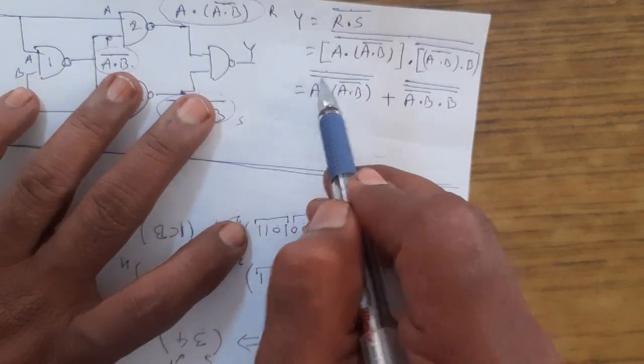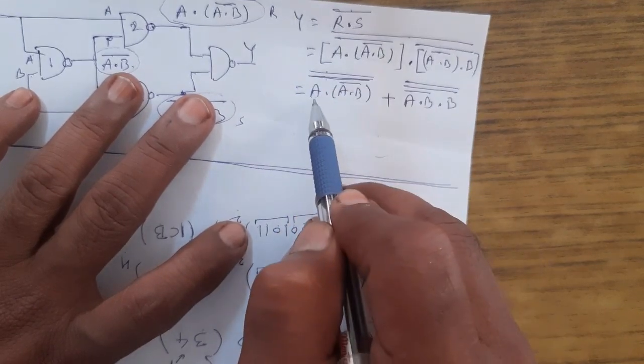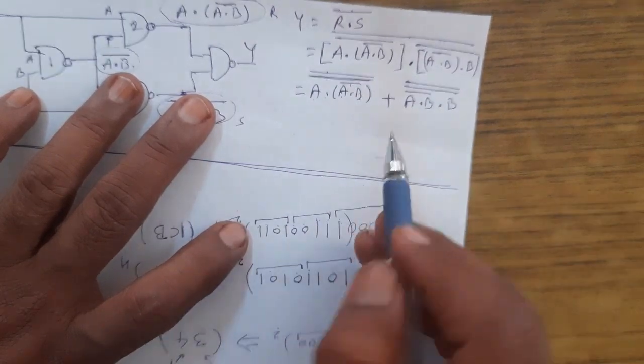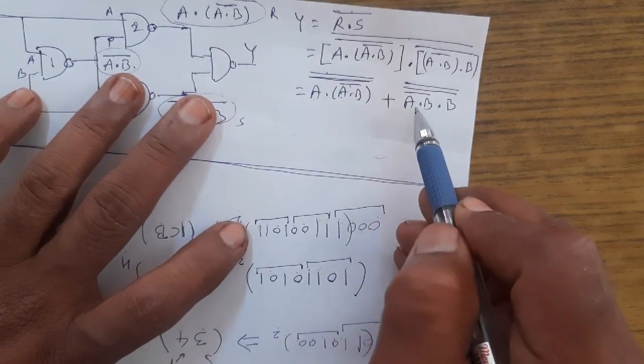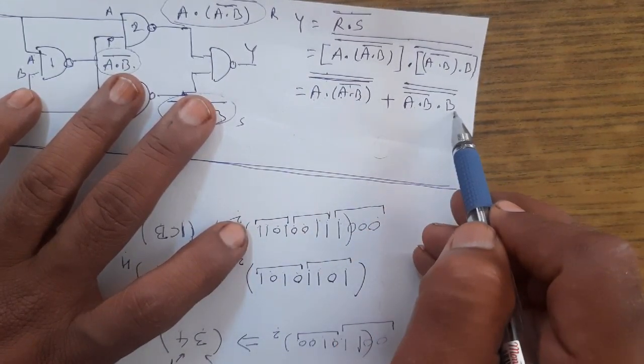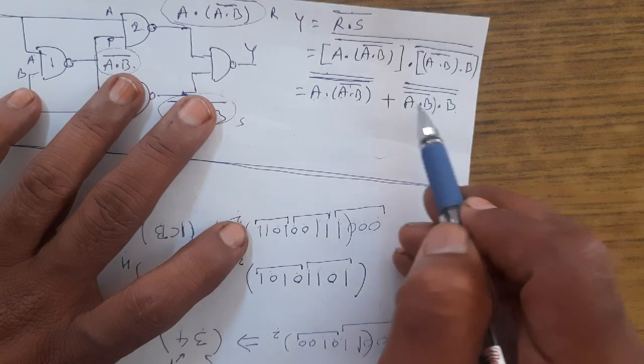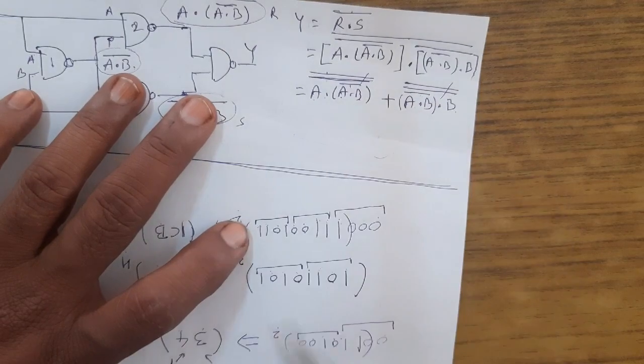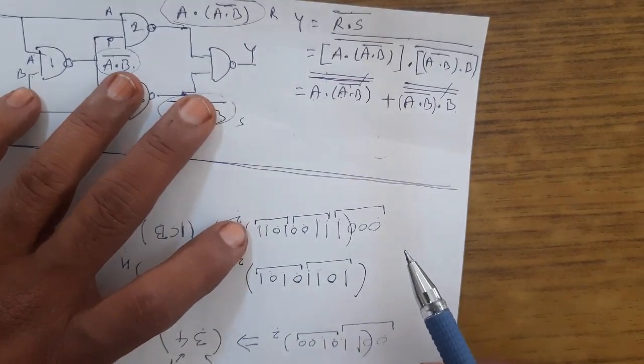Now complement of complement, two bars are there over A dot B bar, therefore those bars get cancelled. Here also A dot B bar dot B, over that there are these two bars. Here I can insert a bracket for simplicity. Therefore these bonds get cancelled.